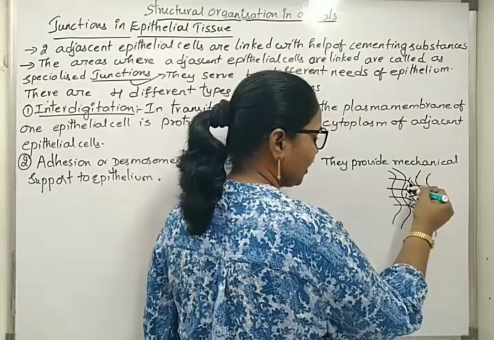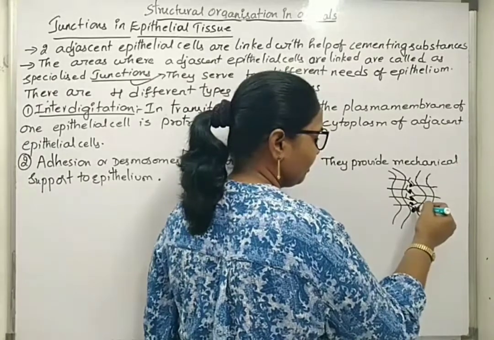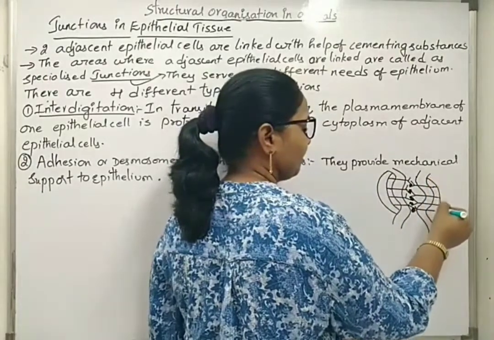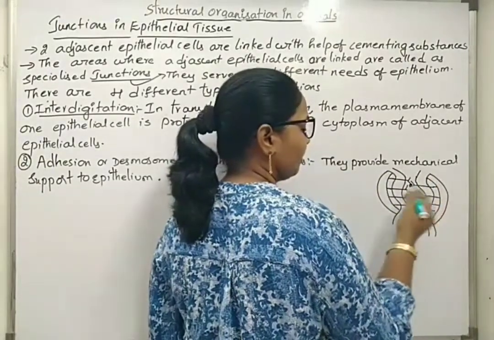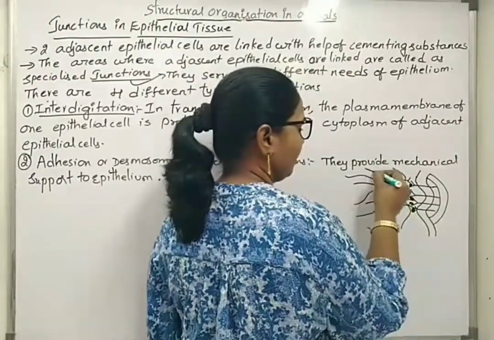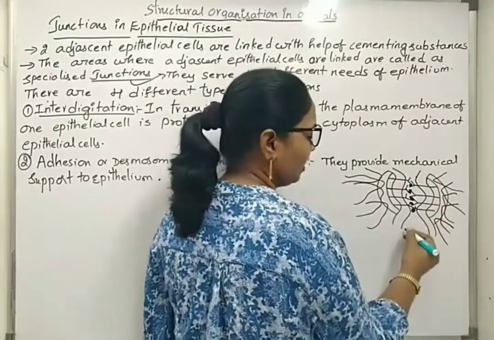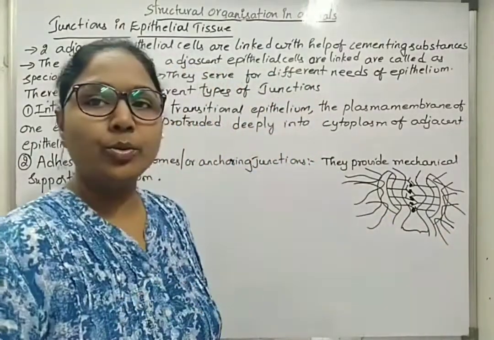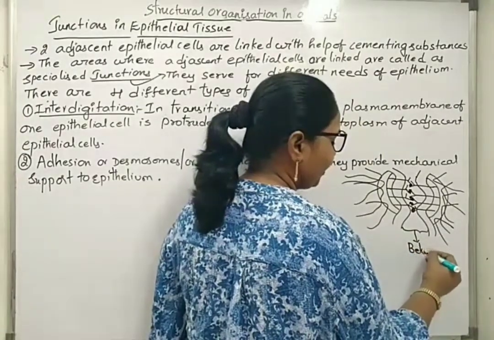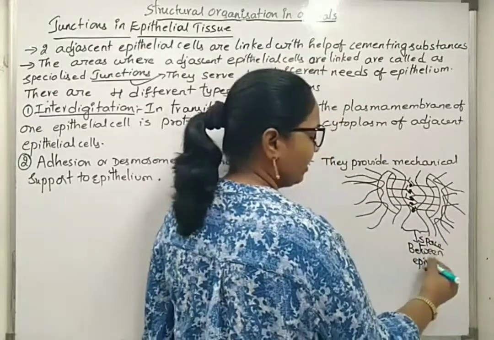so these can be the junctions. Here will be cytoplasmic plaques. This is the area between two adjacent epithelial cells, so we'll write space between epithelial cells.